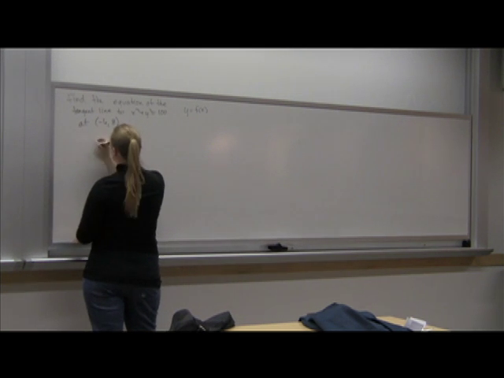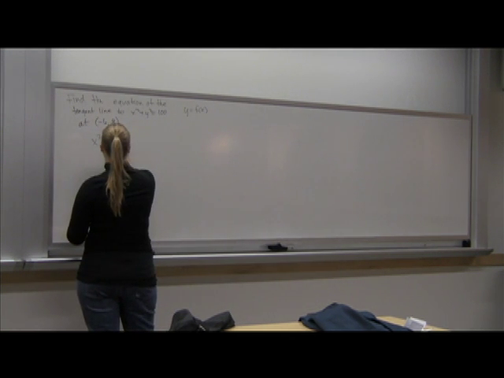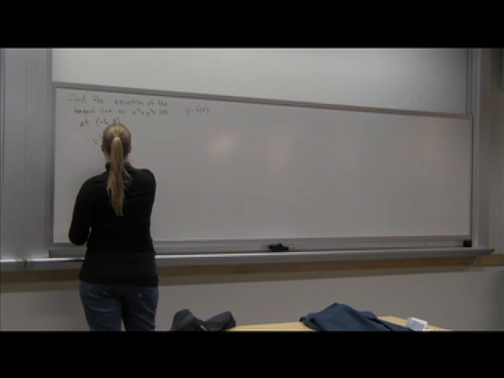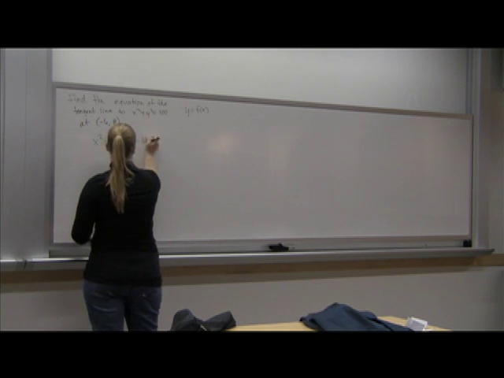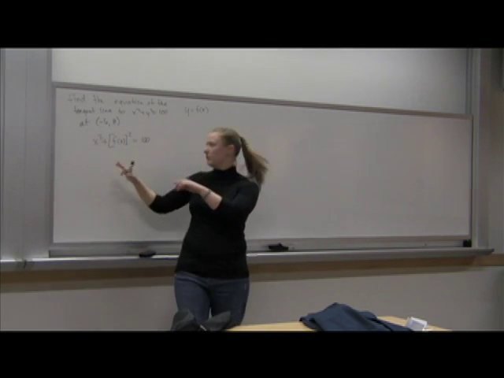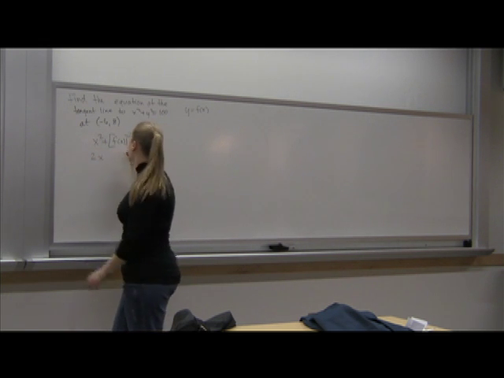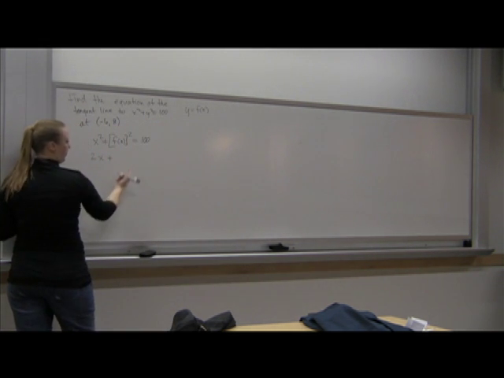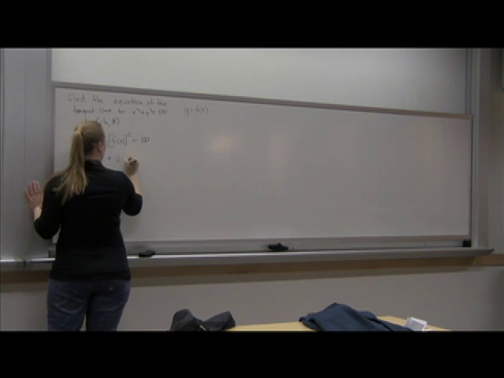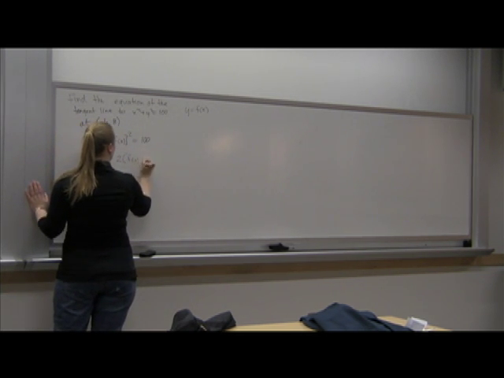So if I think of this as x squared plus f of x squared, let's take the derivative of this real fast, okay? What's the derivative of x squared? Okay, this is a function, so we have a chain rule. The 2 would come down, the f of x would be alone.